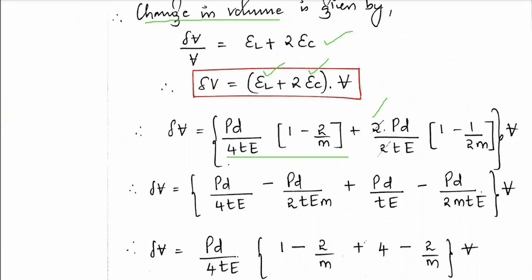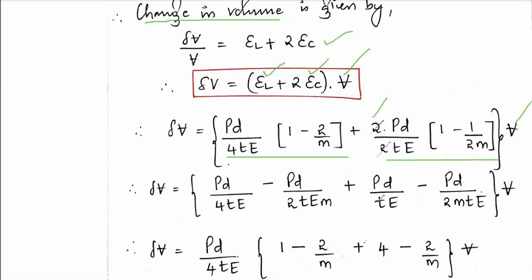Epsilon C value is once again given by the expression which I have derived previously, that is Pd divided by 2Te into (1 minus 1 divided by 2m), into V, which I have kept as it is.